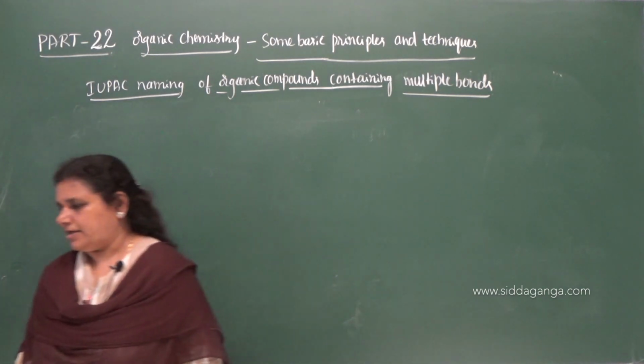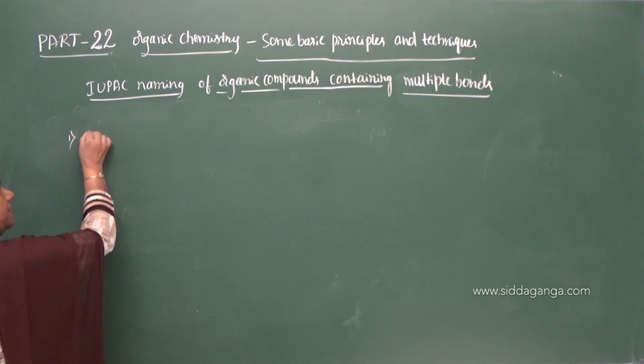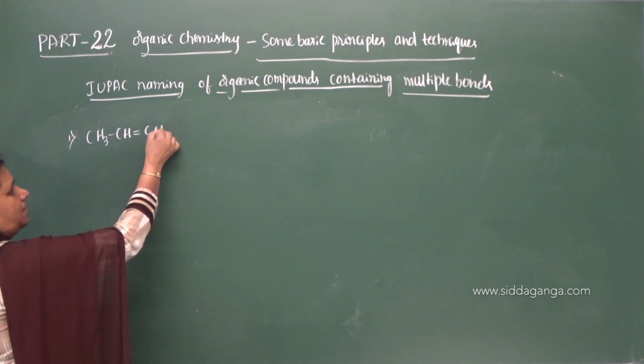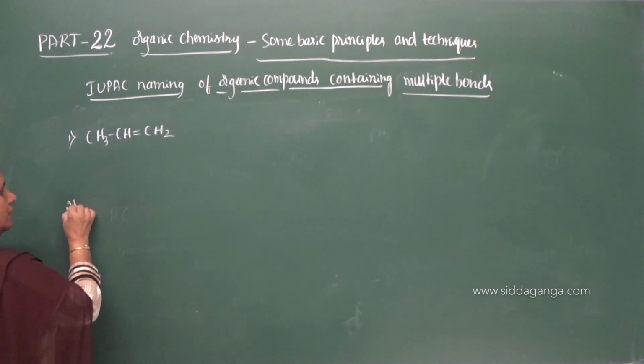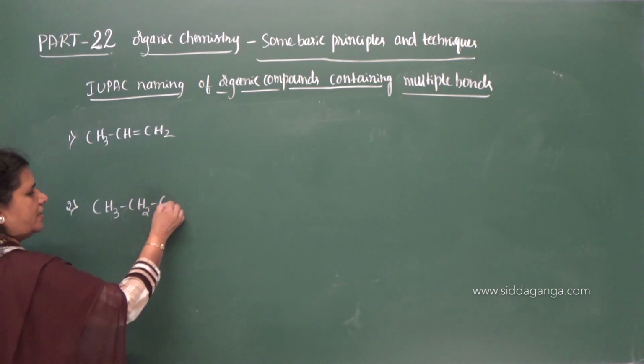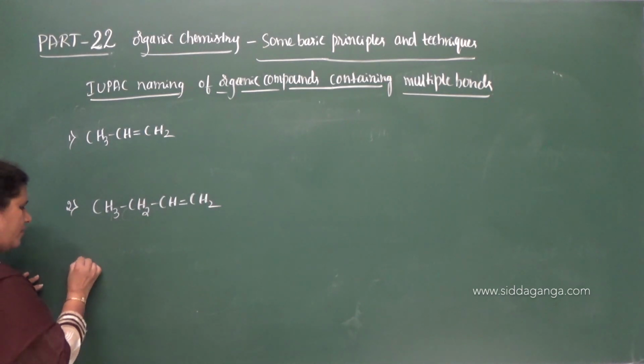So let us consider a few examples of this type. Write down the examples and try to give the IUPAC name. CH3, CH double bond CH2. Second one: CH3, CH2, CH double bond CH2.